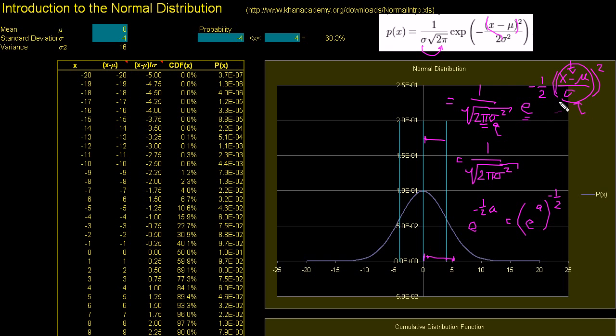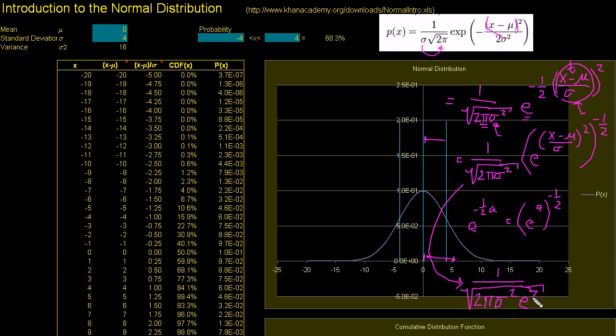But anyway, I could rewrite this as e to the x minus mu over sigma squared, and all of that to the -1/2. Something in the -1/2 power, that's just 1 over the square root, which is already going on here. So we could just rewrite this as 1 over the square root of 2 pi times the variance times e to essentially our z-score squared, right?